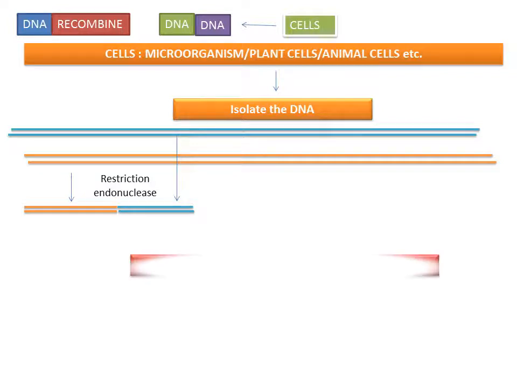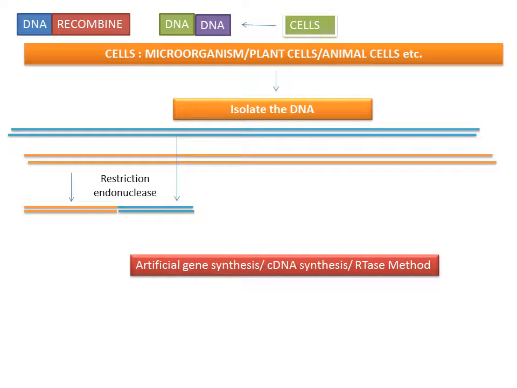Another way of getting it is from artificial DNA synthesis or cDNA synthesis. This cDNA synthesis will give you the exact genetic material or exact gene of interest. Now we will see in another presentation how cDNAs are synthesized.